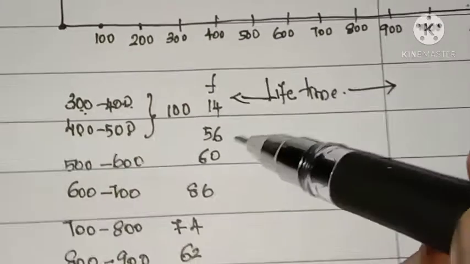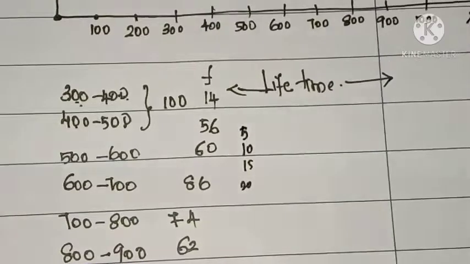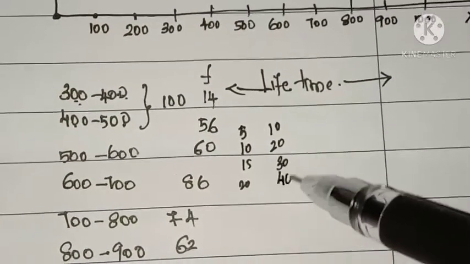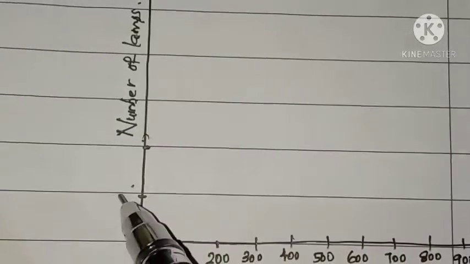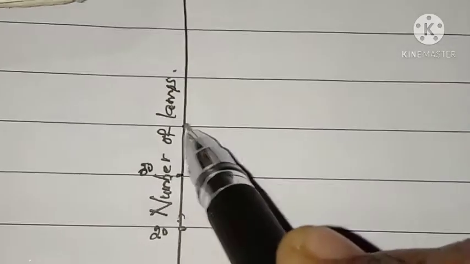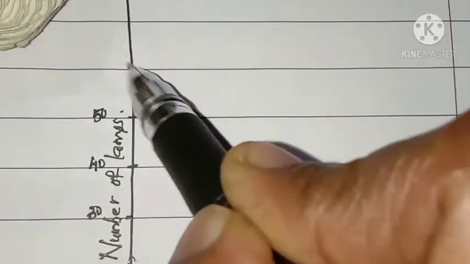Here we can consider either 5, 10, 15, 20 or 10, 20, 30, 40. I am taking 10, 20. This point is 30, this point is 40, this is 50, 60.